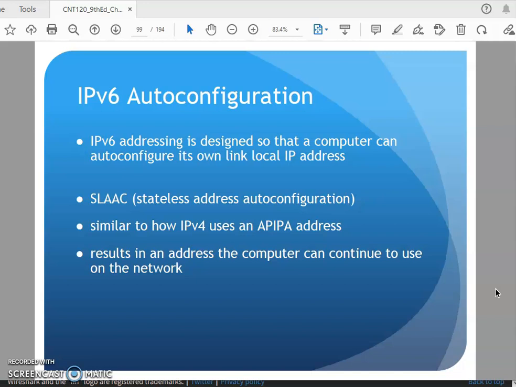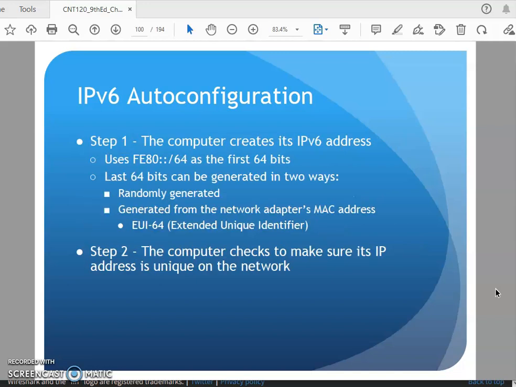IP version 6 also does auto configure. It can actually build its own link local IP address using stateless address auto configuration, again similar to APIPA in IP version 4. The result, however, is an address on a computer that you can continue to use on the network. There are a couple of steps it does to do this. The first step, it's going to create its own IP version 6 address.